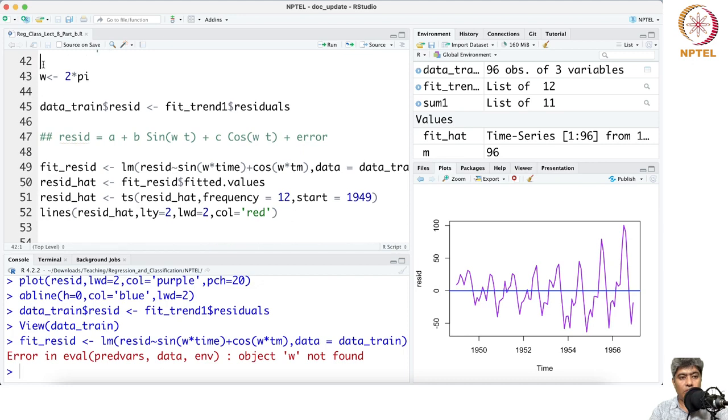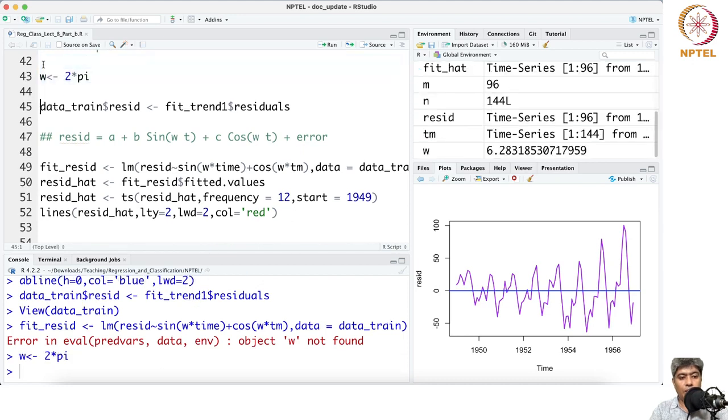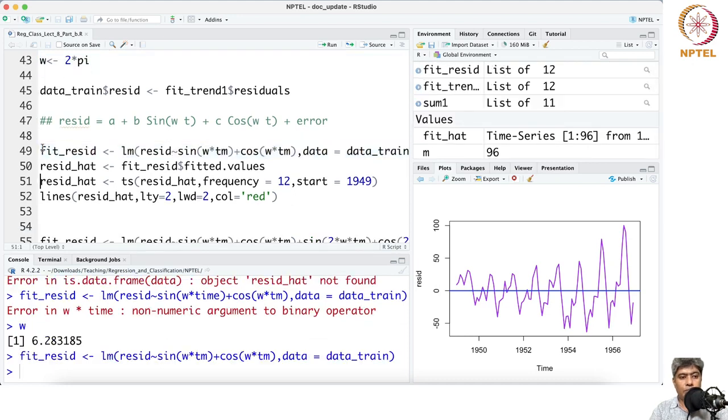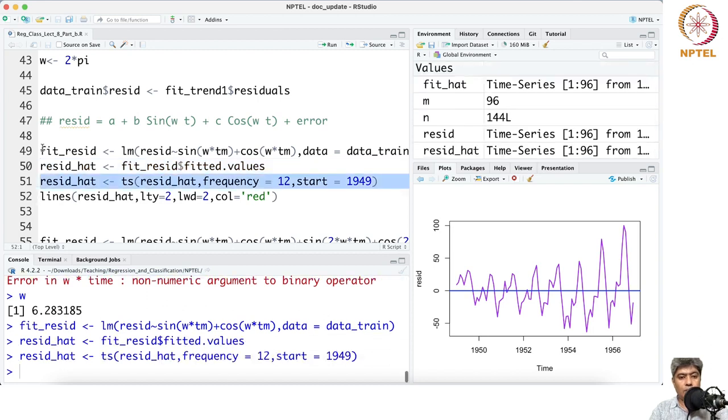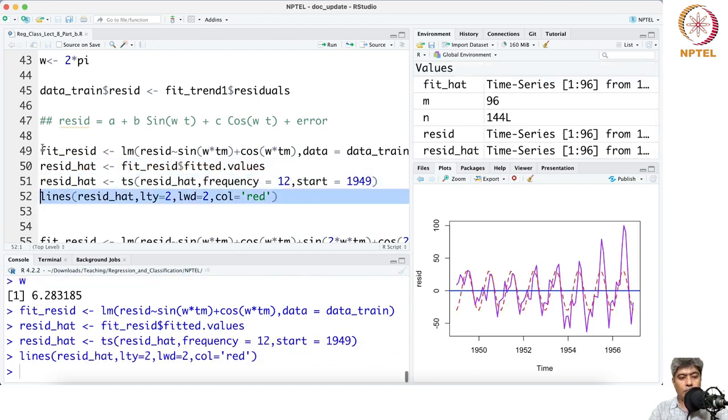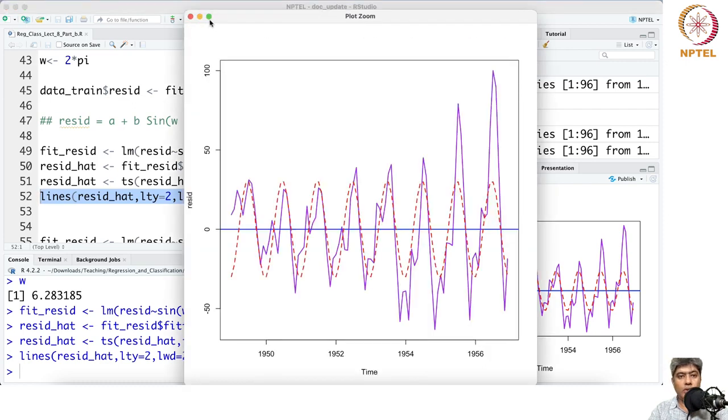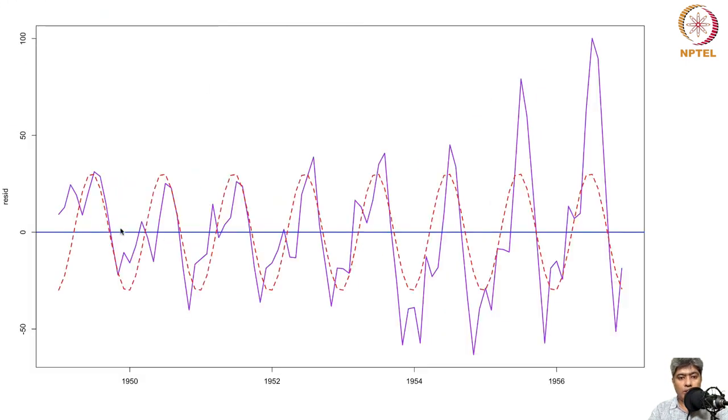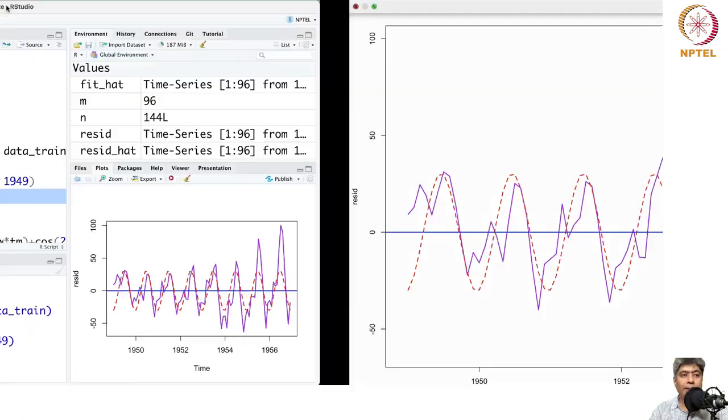Sorry, we need to run this. Now let me just enlarge this. So now you can see that this sine cosine is trying to capture the annual seasonality of the data, but it misses the highs and lows of the data.